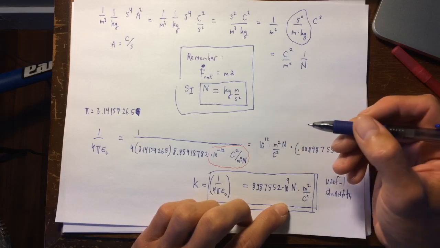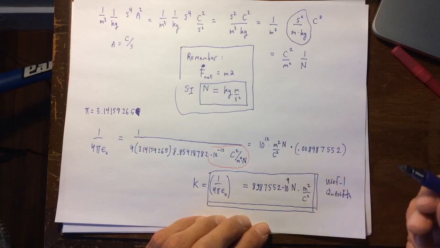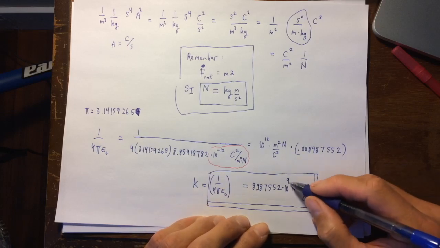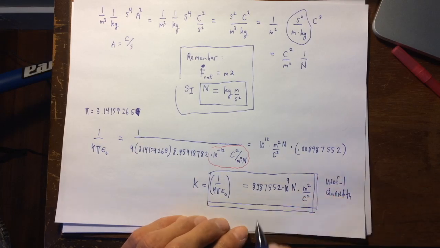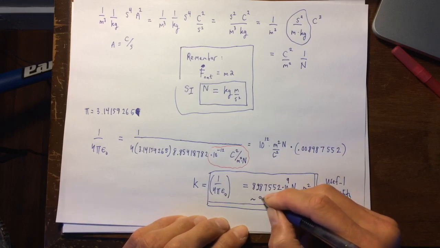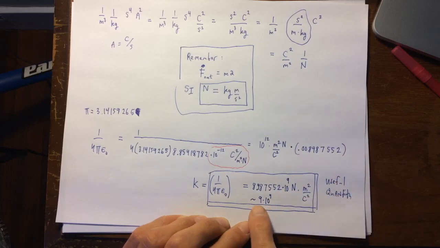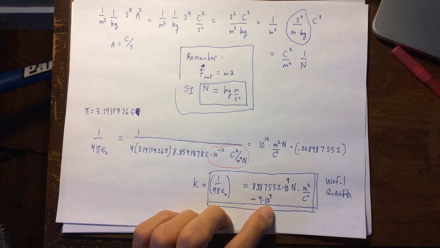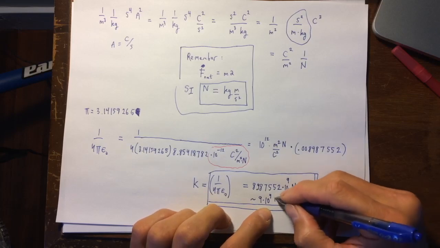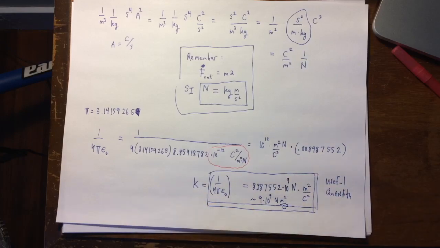So take 3 steps down from 12 because I moved over by 3 there. So it's 10 to the 9th. Very big. Sorry about that. So abbreviated, it's about 9 times 10 to the 9th. Can you see how efficient this way of remembering it is? 9 times 10 to the 9th newtons meters squared per Coulomb squared.